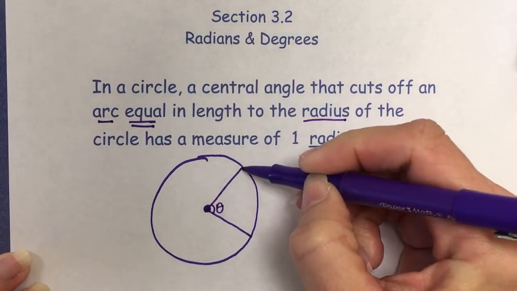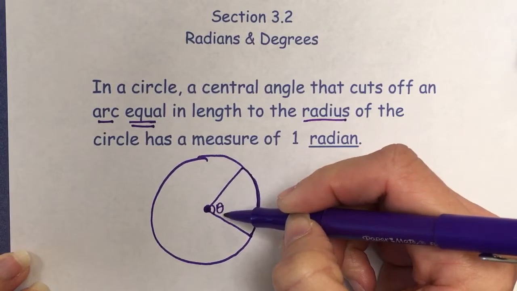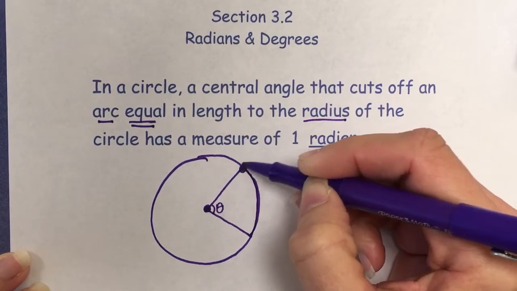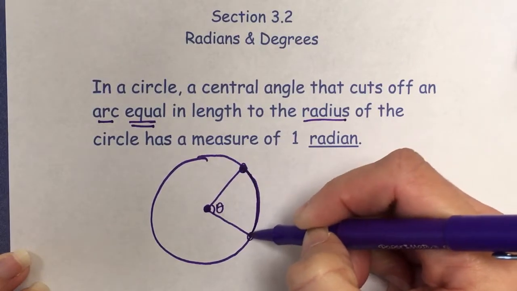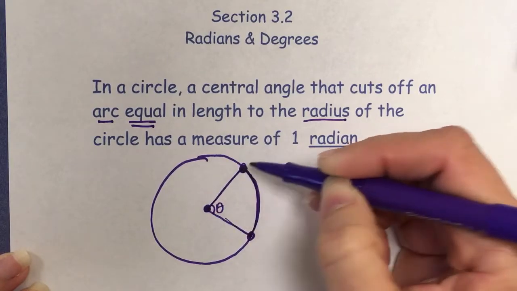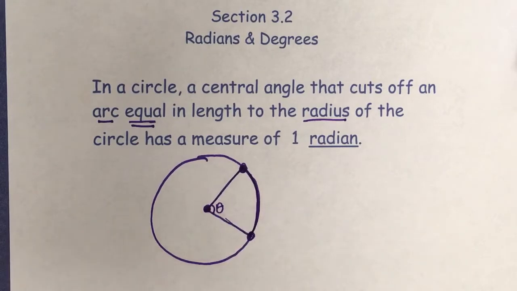As I said, this is your arc. If this angle is drawn in such a way that the distance from here around to here is the same as the radius, then this angle is going to measure exactly 1 radian.